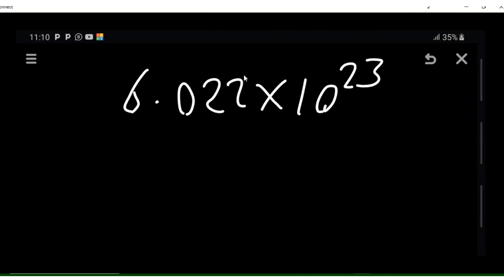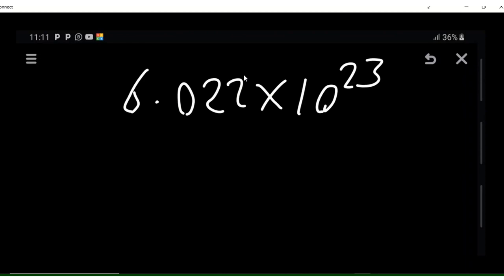When you have Avogadro's number of atoms of carbon, each atom having a mass of 12 AMU, they have a mass of 12 grams. So we can try to prove this.